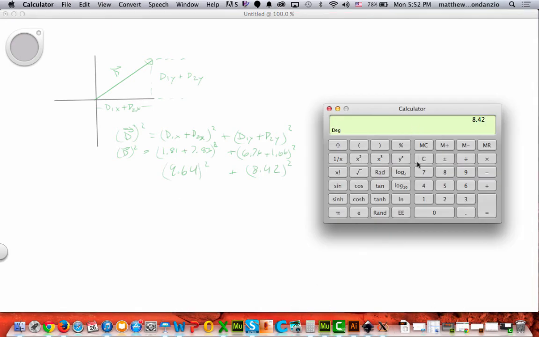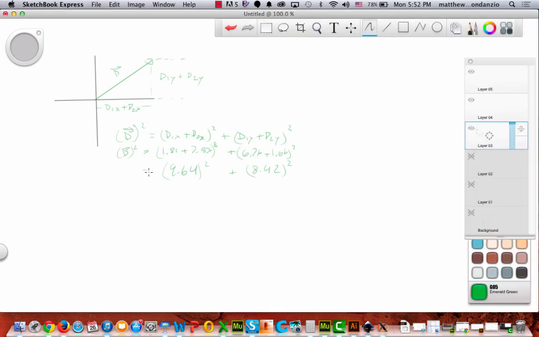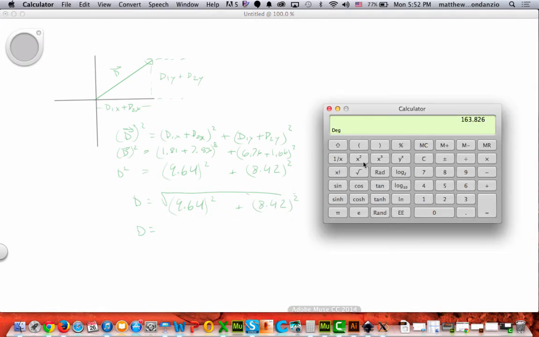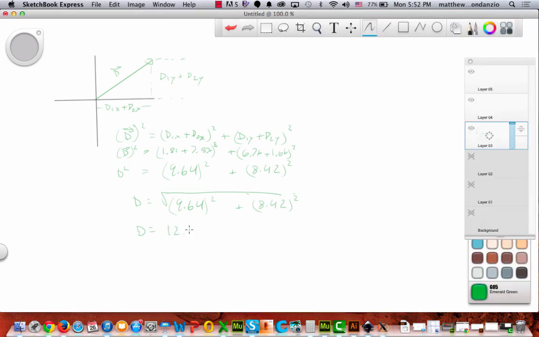Obviously you guys have the calculator, you can do this all on your own. 9.64 squared plus 8.42 squared equals 163. But I know d squared is equal to that, so d equals the square root of this number, which is roughly 12.80. That's the magnitude of my vector.